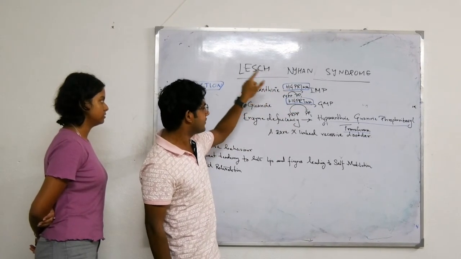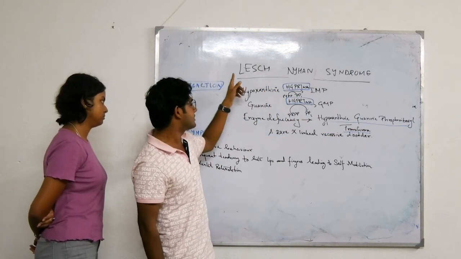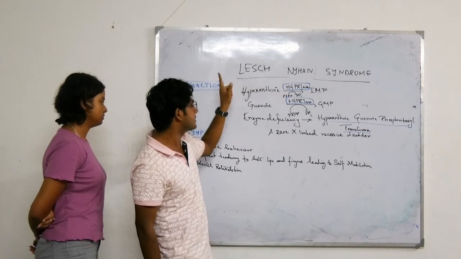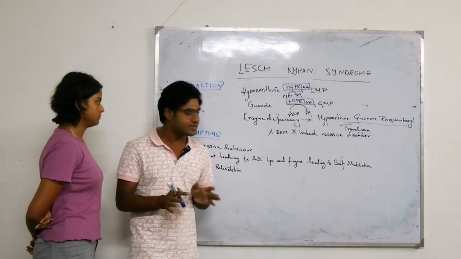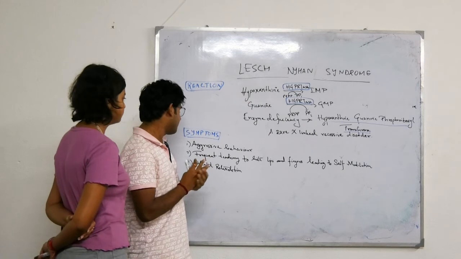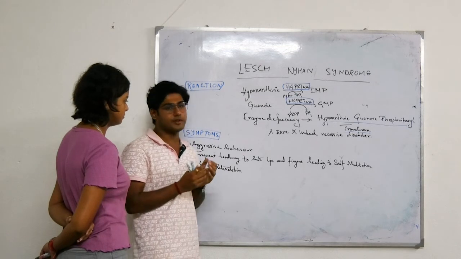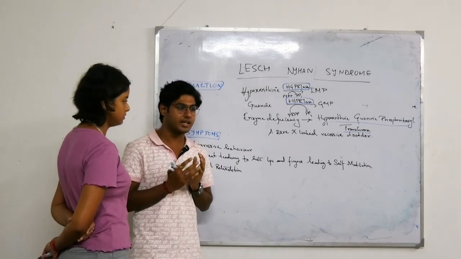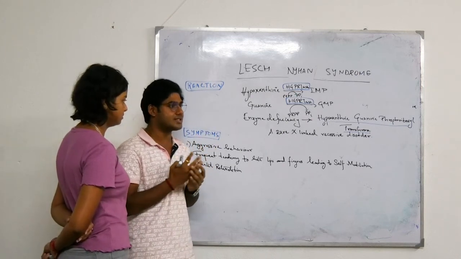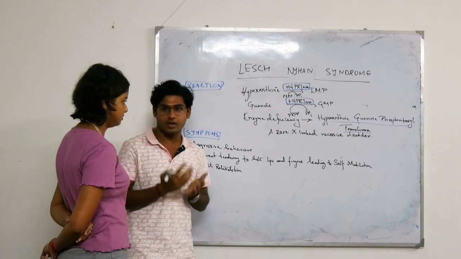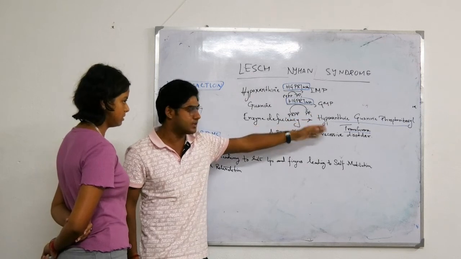If there is a deficiency of this enzyme, this disorder occurs, known as Lesch-Nyhan syndrome, a rare X-linked recessive disorder where the symptoms are aggressive behavior, mental retardation, and a tendency of biting the lips and fingers, which leads to self-mutilation. The treatment for this is allopurinol, which is basically an inhibitor of xanthine oxidase.